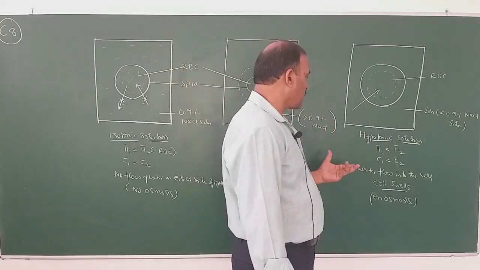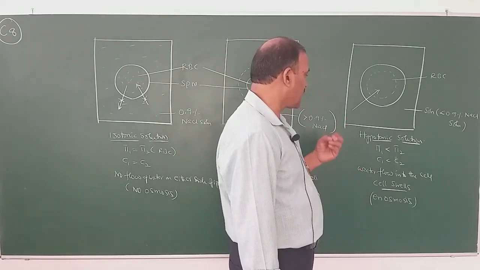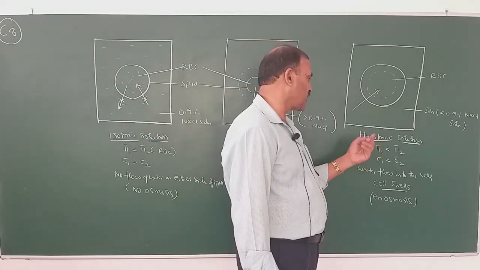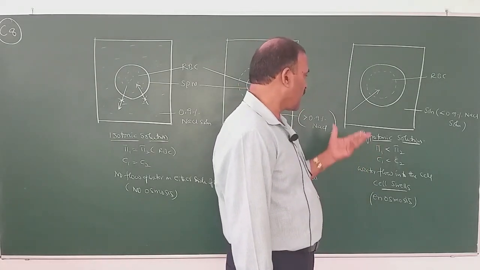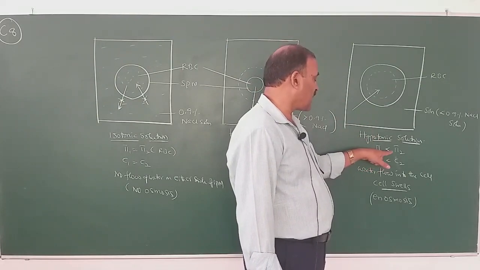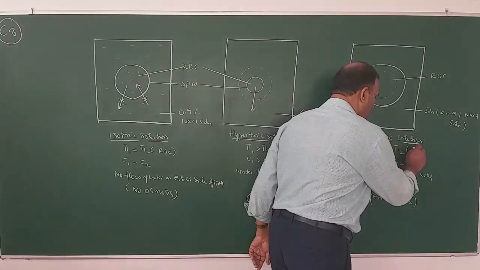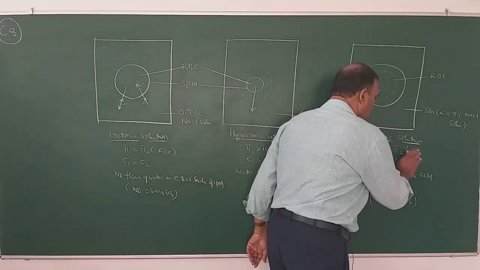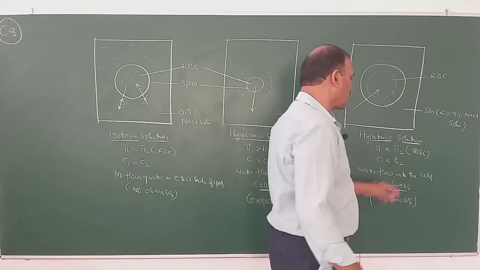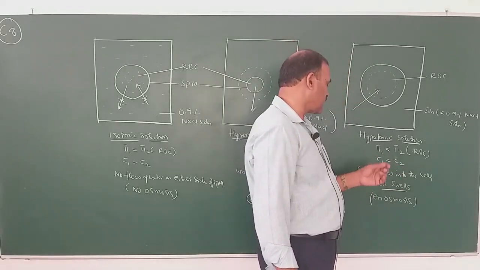A solution whose osmotic pressure is less than the given solution is known as a hypotonic solution. So in a hypotonic solution, the osmotic pressure is less than the osmotic pressure of the given solution, that is the semi-permeable red blood cell. For example, RBC is the given solution.